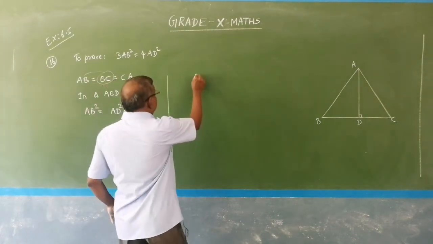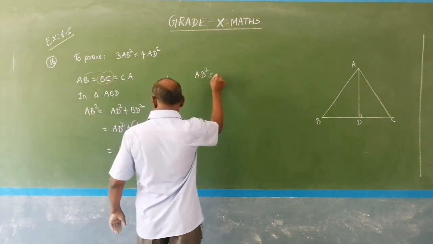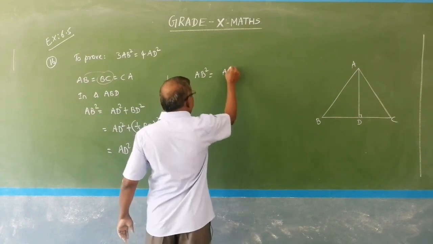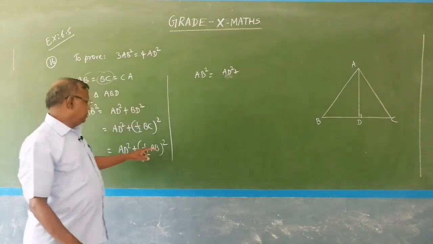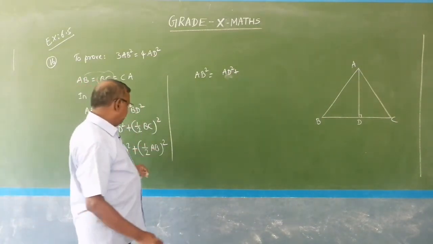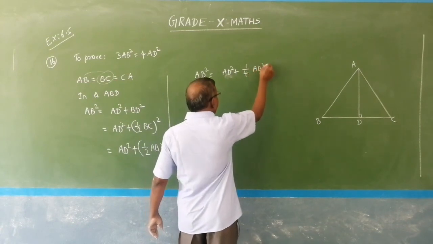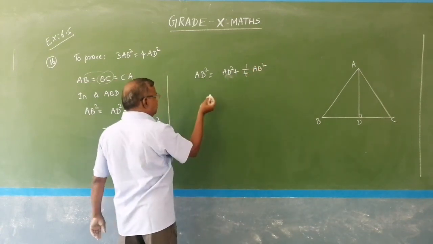Now AB square equals AD square plus 1 by 2 AB square, which means 1 by 4 AB square. Bring the 1 by 4 AB square to the left side.